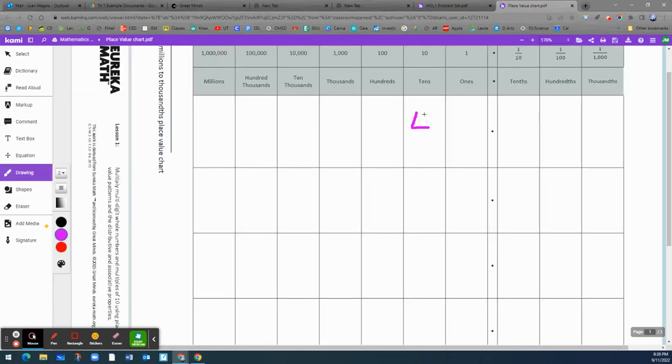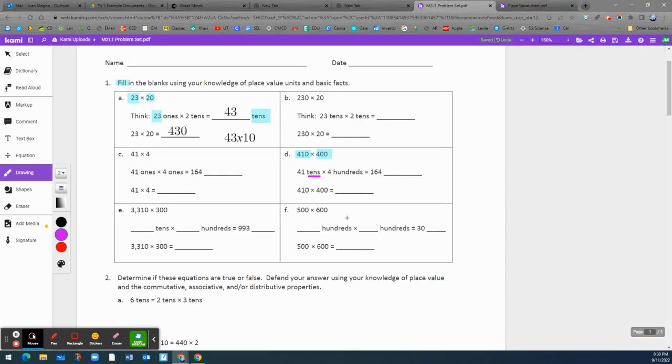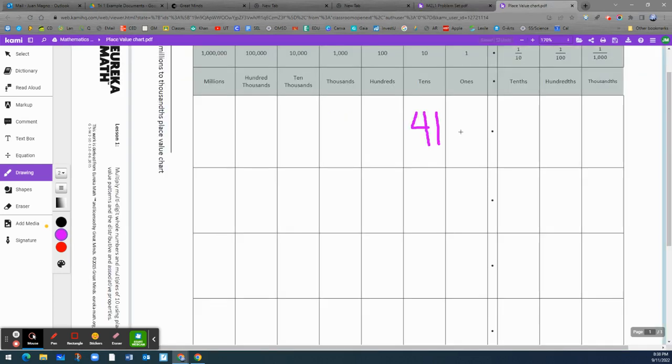It's going to be 41 tens. That's how they write it, 41 tens. The next one will be 4 hundreds. Notice that they separated the 4 from the hundreds, and you can write it in here like 4 hundreds, just like that. And this is going to be a multiplication.